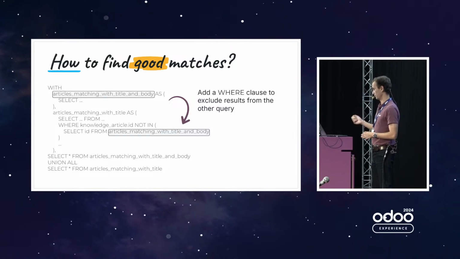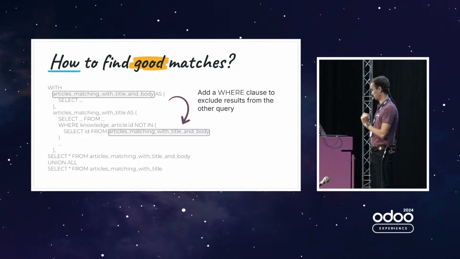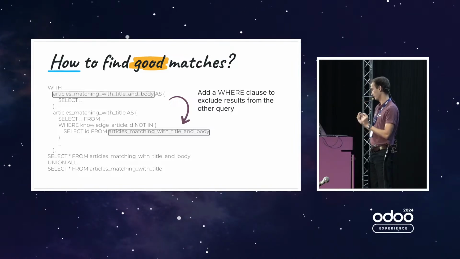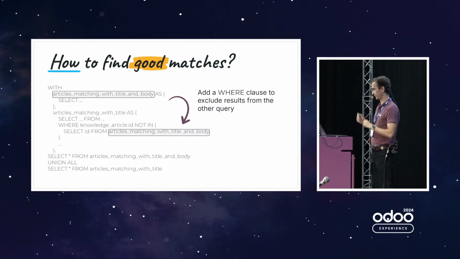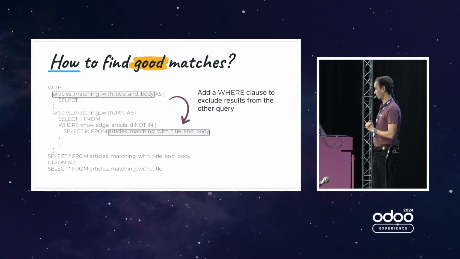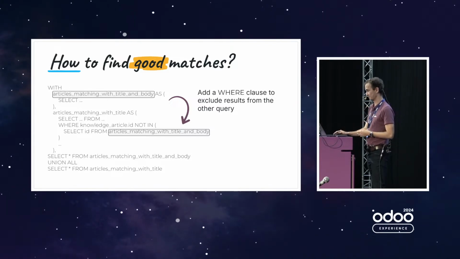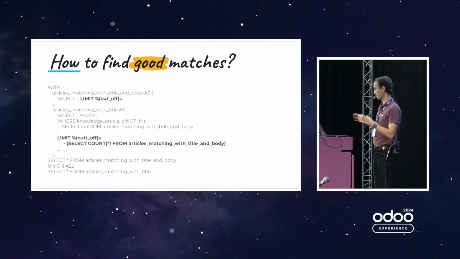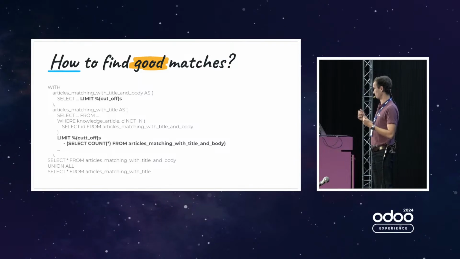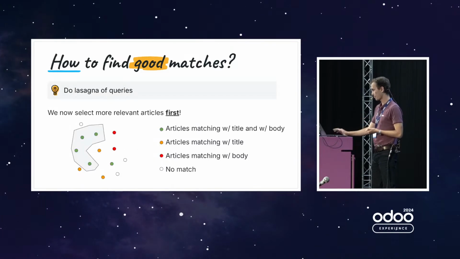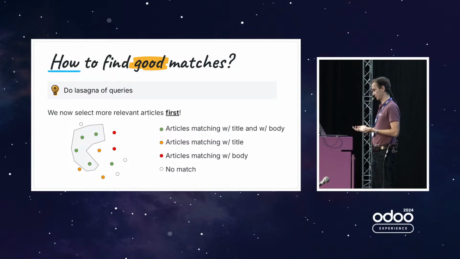You have a CTE table with a select clause, and in the second query you have a where clause that will exclude results from the layers above. Then you compute the union of all possible results. You can also apply a cutoff to each layer to make sure that you don't explode the number of matches you get. And if you do that, you can select the more relevant results first.